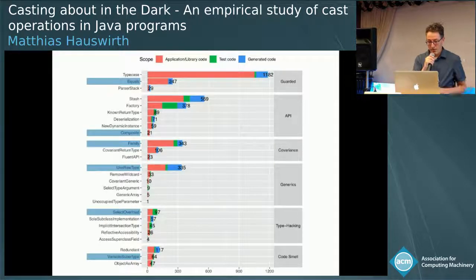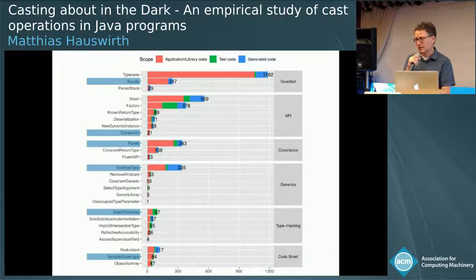Now here we have the 26 patterns in the 6 categories. For each pattern we have a bar. We also show, for each pattern, how many casts we observed in application code versus test code versus generated code. The blue bars show you the ones I just discussed.